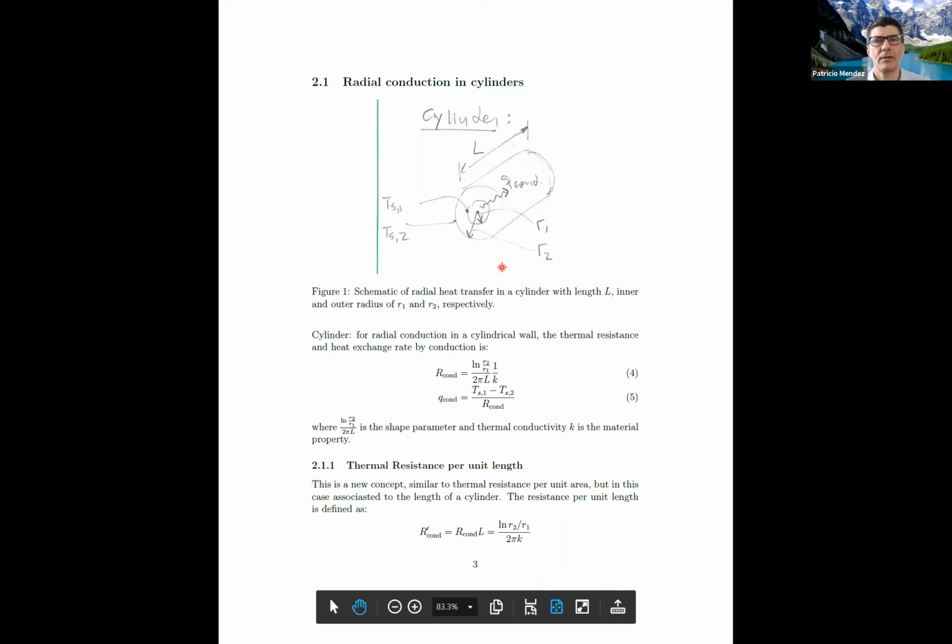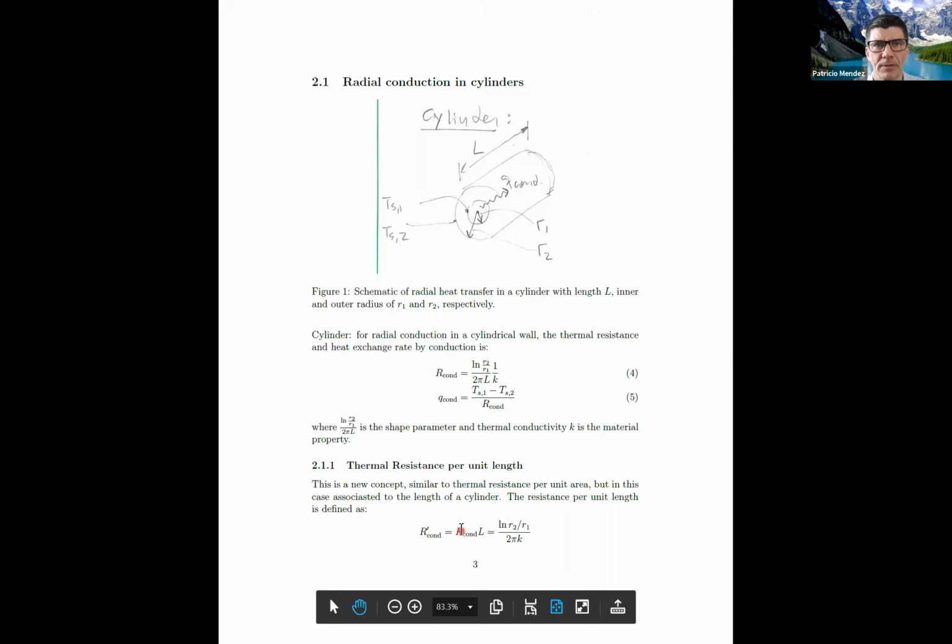Much like we did with thermal resistance per unit area, we can now define it for cylinders, like pipes and tubes. For all of you in ChE and petroleum engineering, this is what you want, right? Pipes. And what characterizes the pipe is that it can be more or less long, even if the diameter never changes. Having a longer or shorter pipe will have different effects for heat transfer. So we can have an intrinsic parameter by looking at the thermal resistance per unit length.